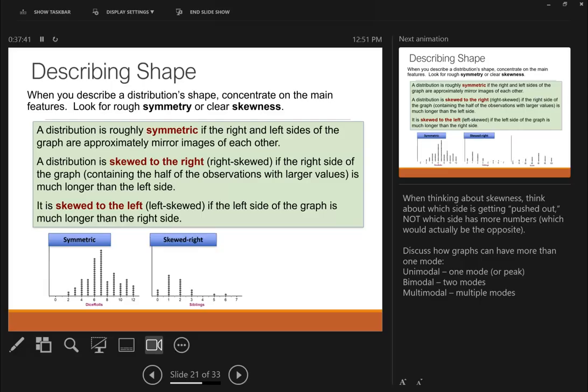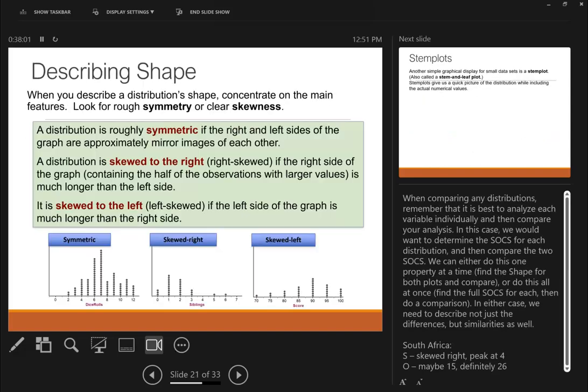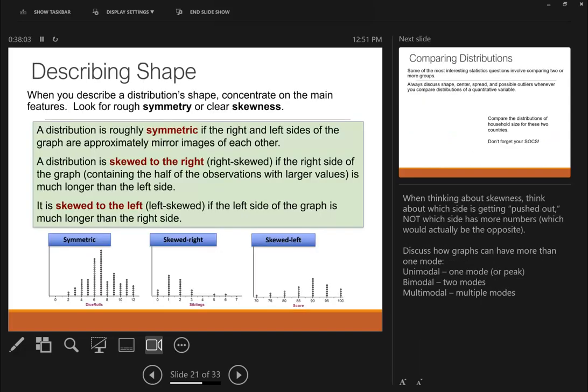So we'd say that's skewed right. How about this guy? That looks skewed left, right? The center there looks like it's around 85 or 90, right? And the left-hand side of that graph looks longer than the right-hand side. So we say skewed left.